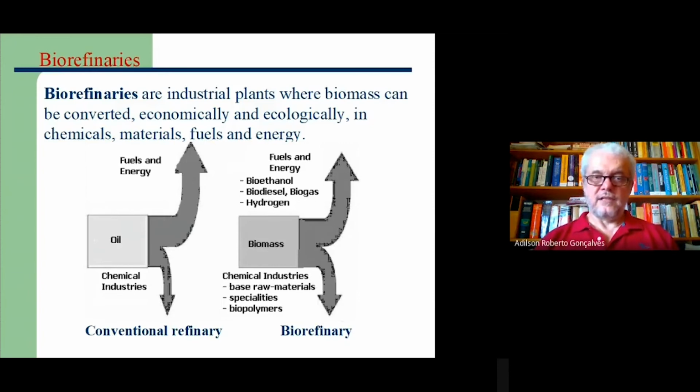The main reason here is the oxygen content. We have less oxygen content in oil, so we can use it better for energy, and we have more oxygen content in biomass, which is better to be used for the chemical industry.